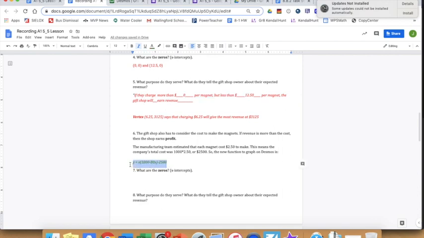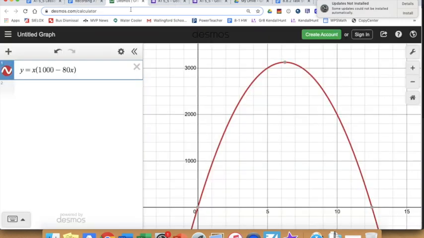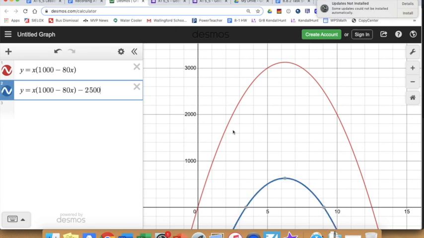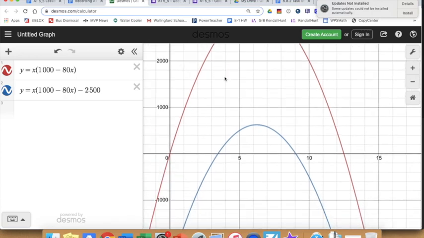We're going to graph that, and we're going to see what the zeros are. I'm just going to graph them both together because that's fun. So now we're going to see what the zeros are here. Well, now my graph's in blue. And notice, I have much fewer values for where I'm actually going to be earning profit.